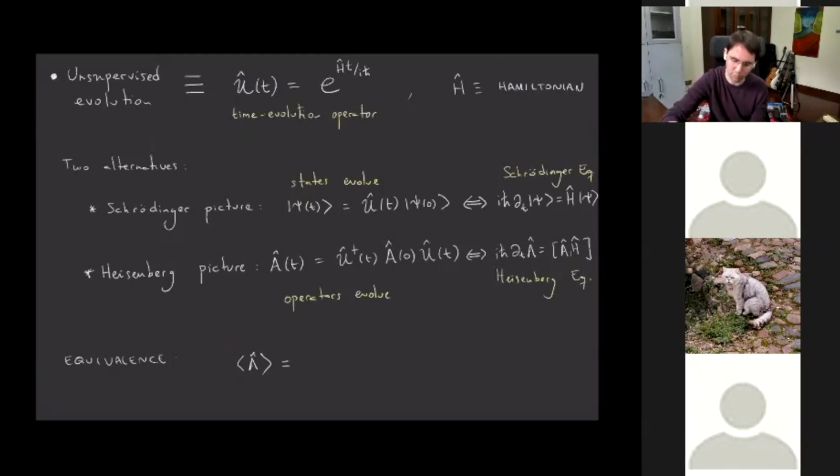But an expectation value of an operator means the following: if I know that my state is psi, then I simply take my operator A and do the sandwich with the ket and the bra psi. This is at a given time, but what happens if I want it at a later time? So I want the expectation value at some time t.